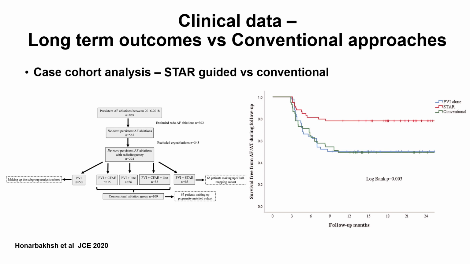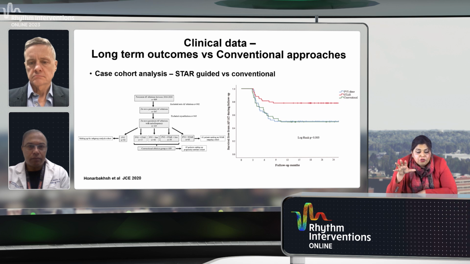What they considered conventional therapy is if you took persistent AF ablation patients, de novo persistent AFs going in for radiofrequency ablation, there was a PVI cohort, which they looked at in subgroup analysis. But the conventional group could either have PVI or CAFEs, PVI plus a line, or PVI plus CAFE plus line, or they could have ablation guided by STAR mapping.